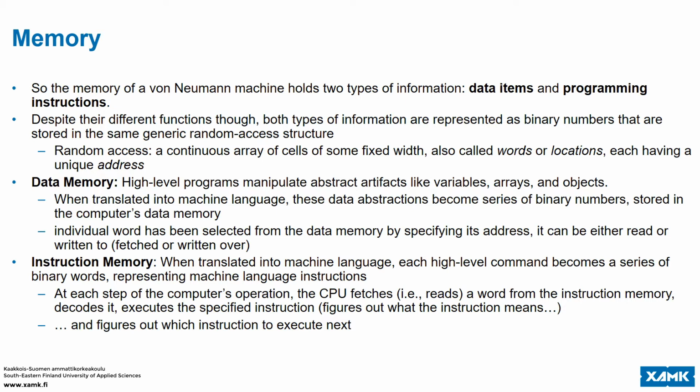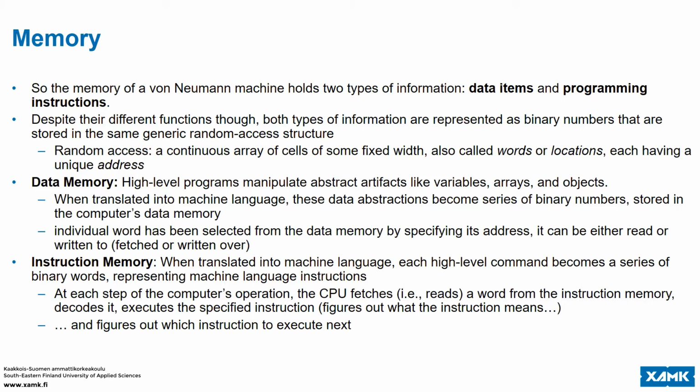What random access means is it's a continuous array of memory cells of some fixed width. These are usually called words or locations, and each has a unique address. And if you know the address, you can pull up some piece of data from the memory.